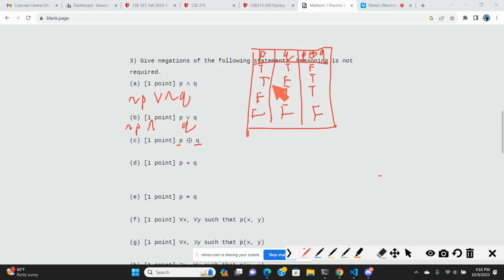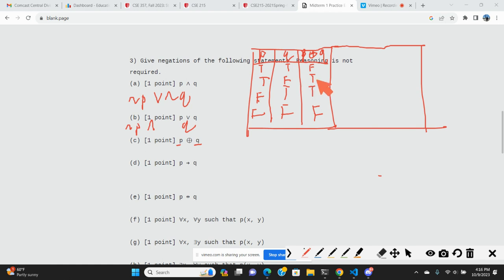So in this case, it takes some trial and error to see what gives the negation of P XOR Q. And so you think about it and you're like, okay, P XOR Q is only true if one of them is true and the other one is false.